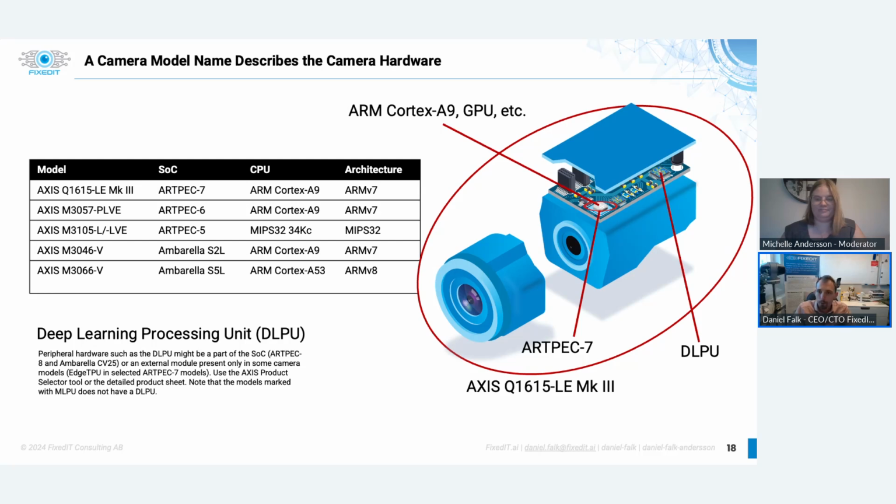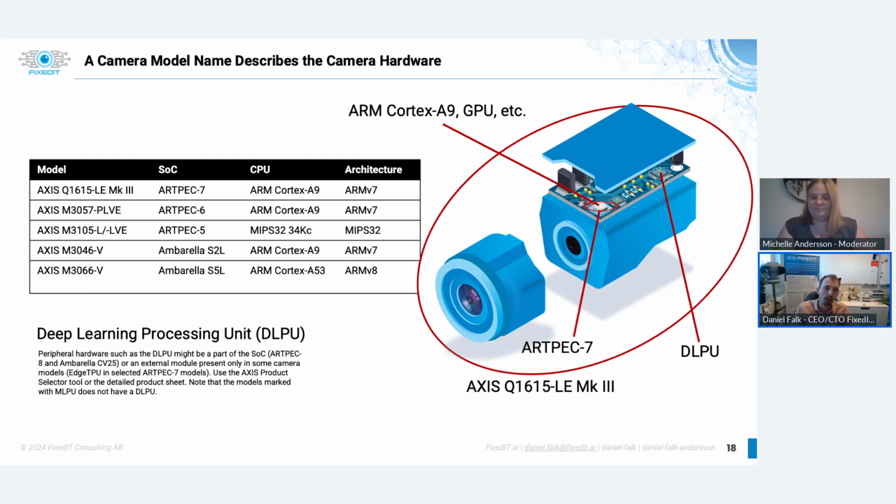And if we take one step up from this, we have different system on chips and we have different CPUs. And you need to find out which architecture it is to be able to build your application. The one way to do this is to use the Axis product selector, where you can look up a particular camera model and you can see which system on chip it is using.